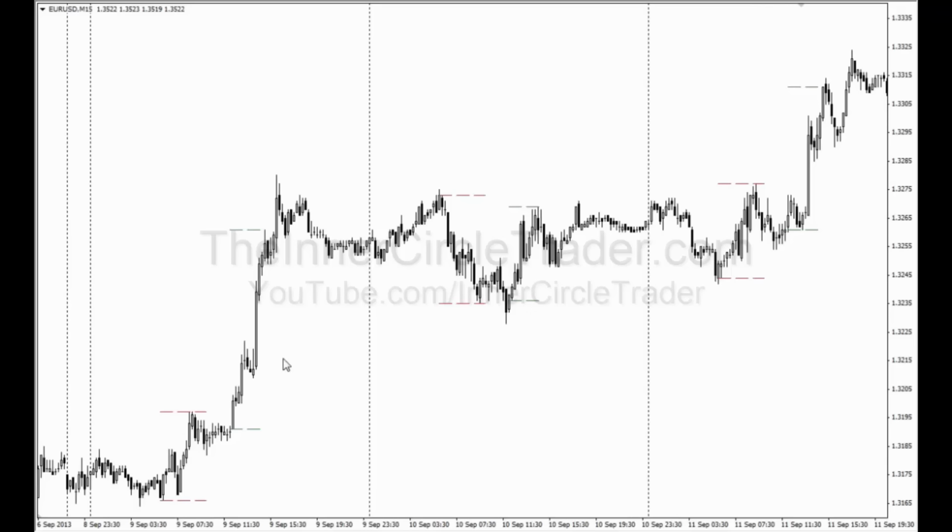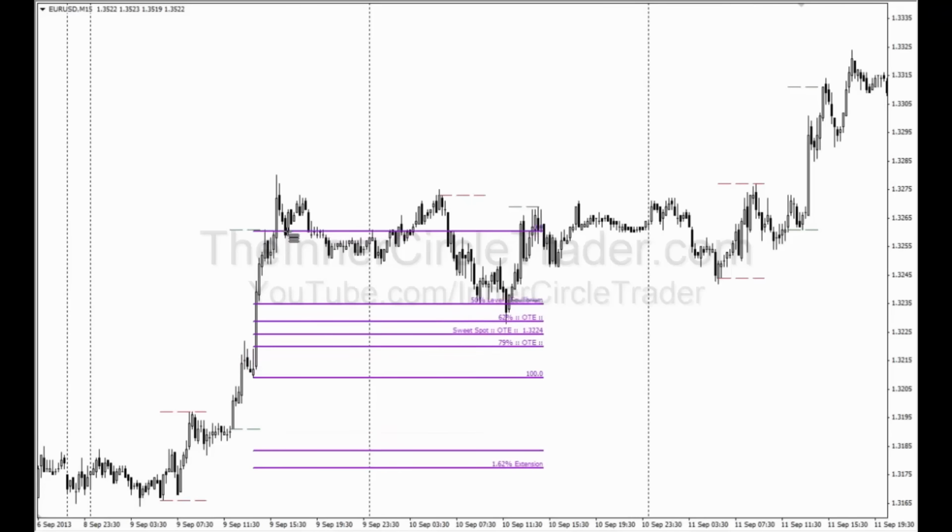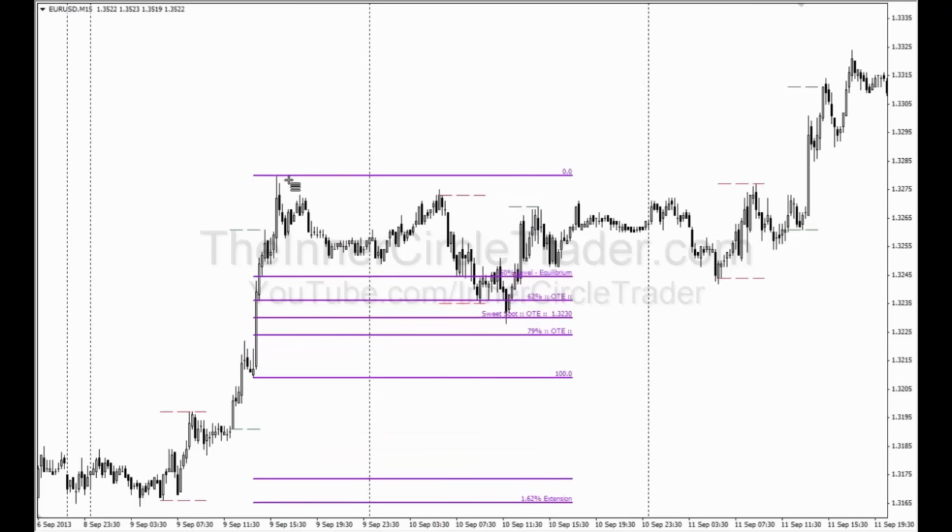By understanding that, and understanding the concept of the range or previous day's range or session ranges, that being here's the previous New York session range. This is a low in here, and what we're going to do is highlight an opportunity that could have presented itself to you as a trader from that low to the high.